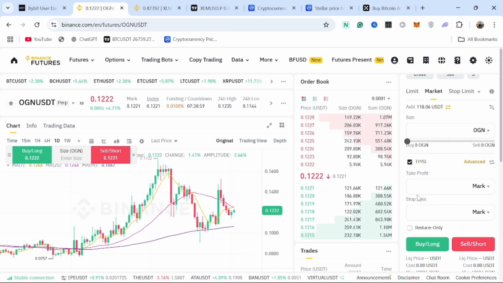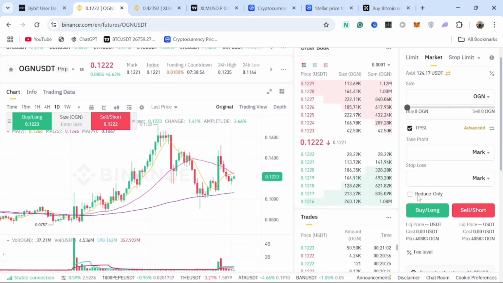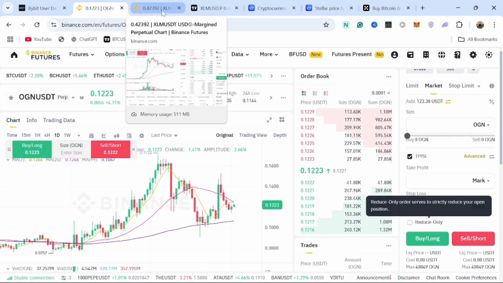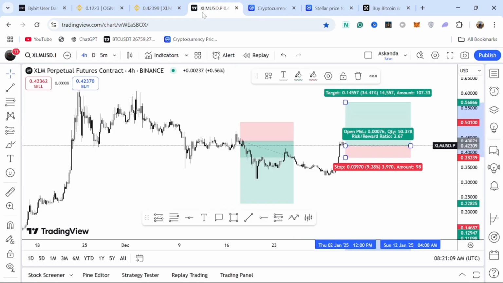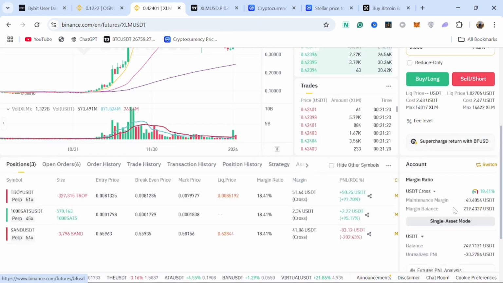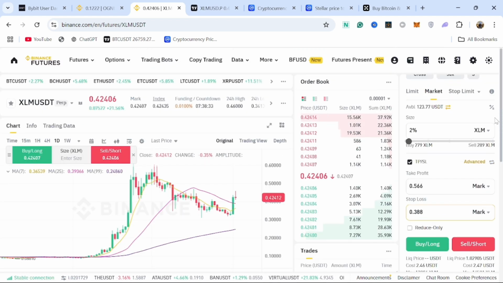Our stop loss is 0.388. We also have something we call entry price. We have 0.388. You can even decide to calculate your position by using the calculator here.